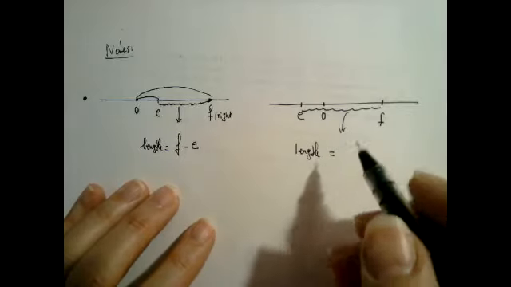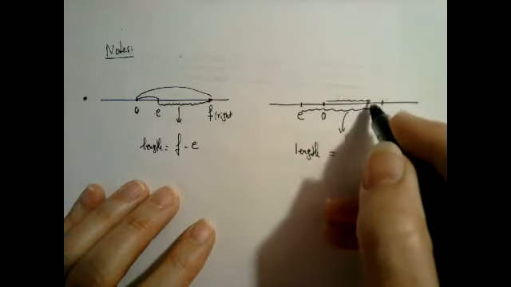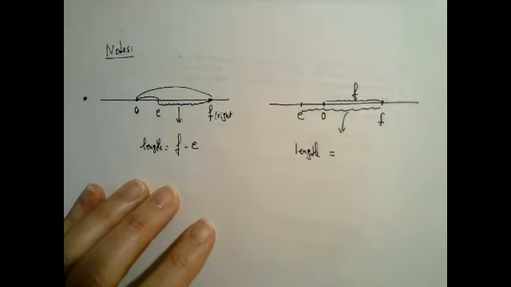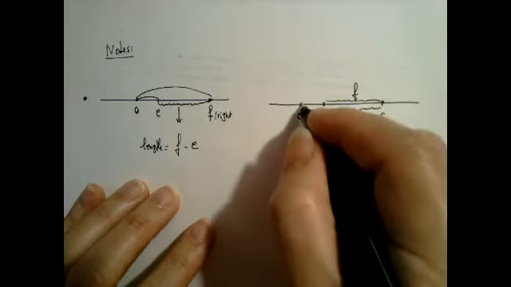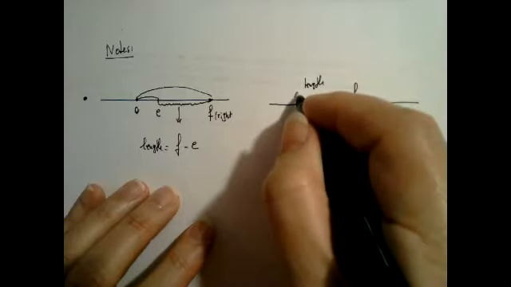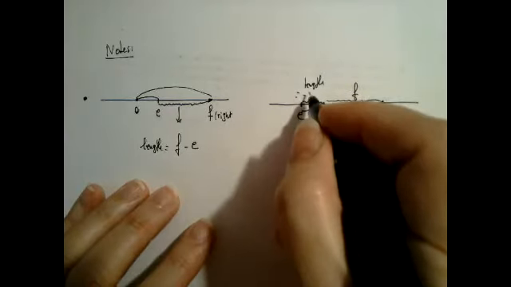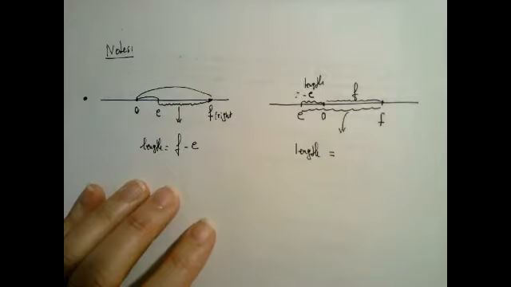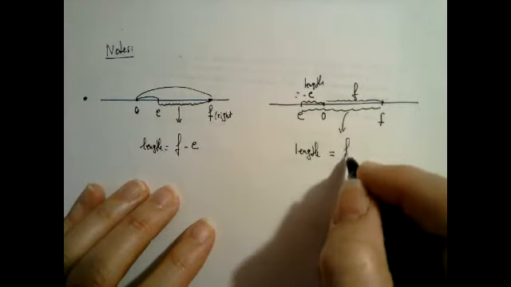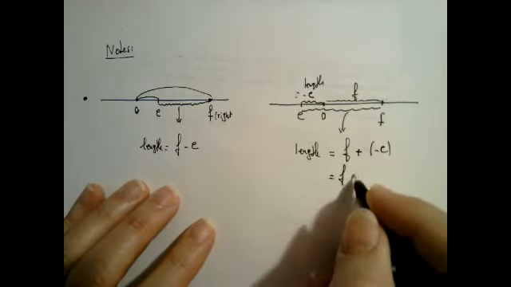Why? Because E is negative, so when we put the minus, it becomes positive. The length from E to 0 is not E, because E is negative. It is actually minus E, because if E is minus 2, the length is 2. So the length is F plus minus E, which means F minus E.